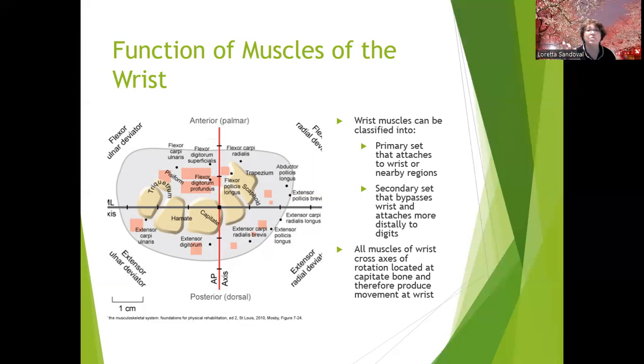The flexor carpi radialis and then some of the hand muscles do flexion and radial deviation. The flexor carpi ulnaris and some of the hand extrinsics do flexion and ulnar deviation. And the extensor carpi ulnaris does extension and ulnar deviation.